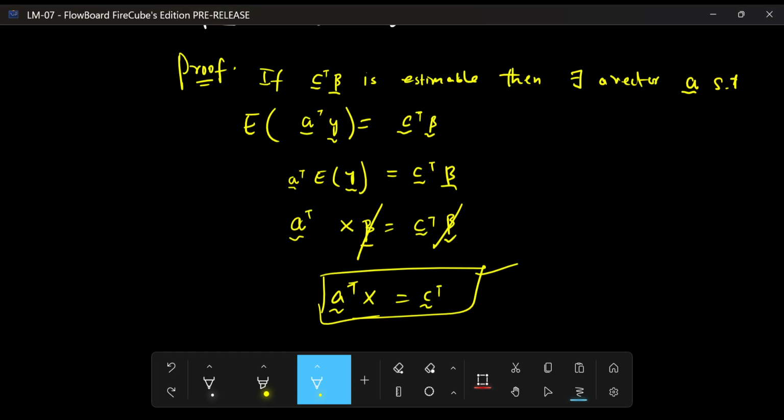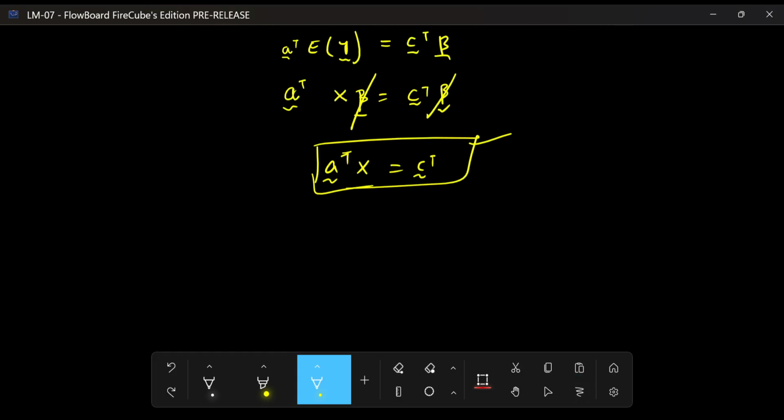You can write this in the form of vector as well, but no need to write. It is understood that A curl transpose X is equal to C curl transpose.